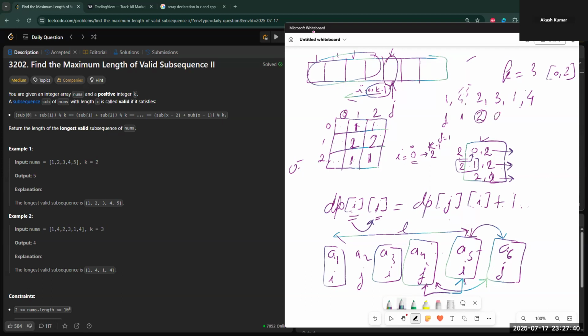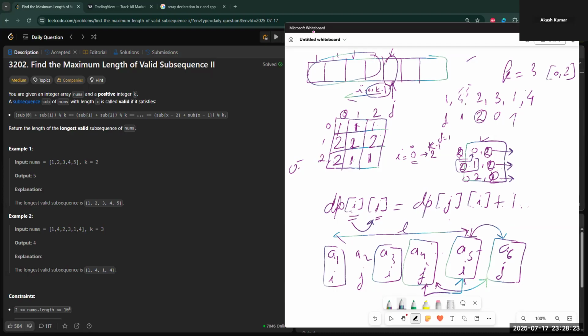Now the next value gives modulus 0, so we fill 0 0, 0 1, 0 2 with their counterparts, each plus 1. Now we have reached here again with modulus 1.